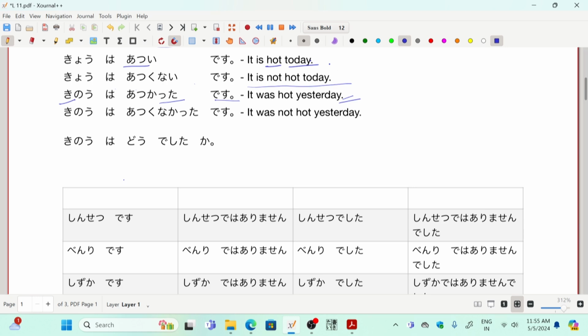Kino wa atsukunakatta desu. Was not hot. Past tense plus negative. We have done atsui, cut e and add kunakatta. Atsukunakatta desu. It means was not hot.